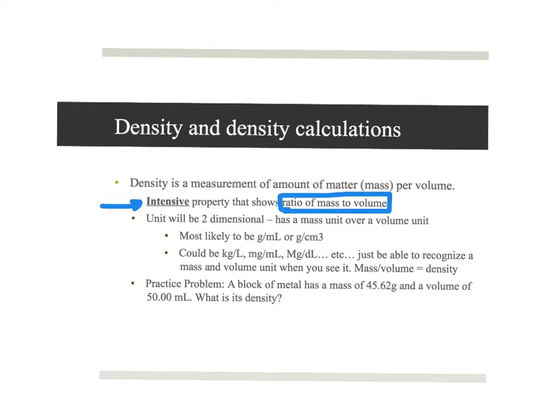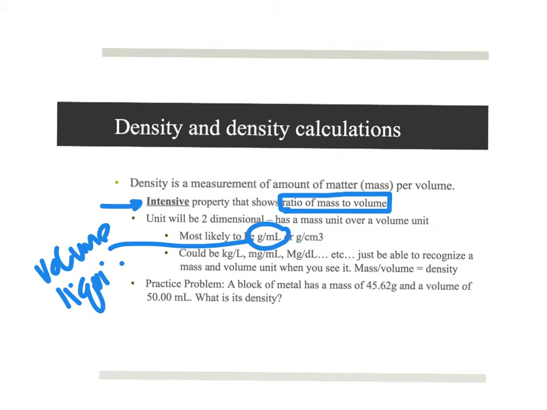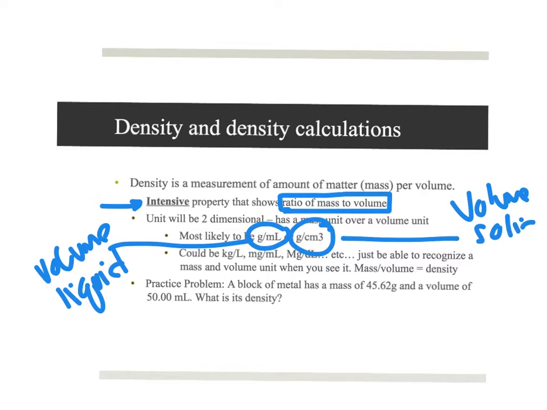You also want to keep in mind that we're going to have a two-dimensional unit. We're either going to be grams per milliliter if we're talking about a volume that's a liquid, or grams per centimeter cubed if we're talking about a volume that's a solid. So think like a cube versus something that you'll measure in a graduated cylinder.